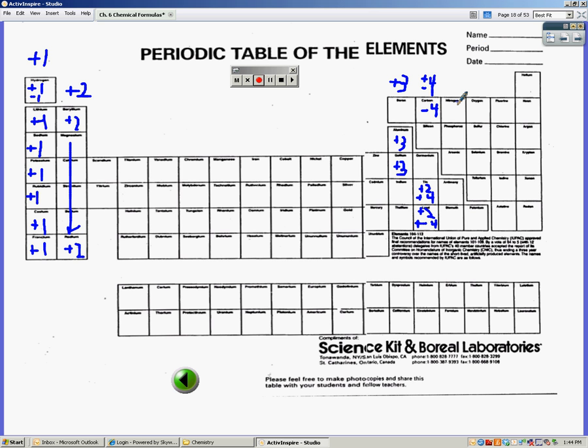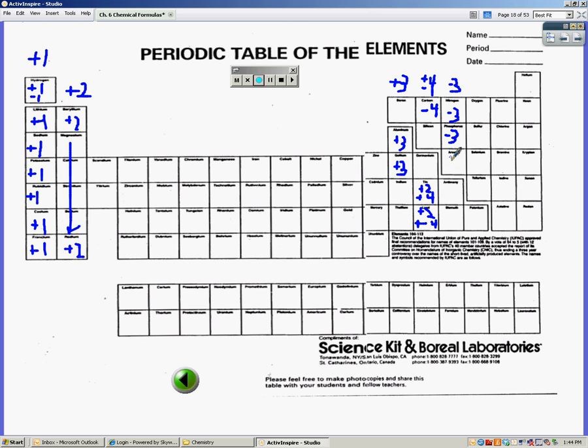Then the next group, you tend to have more non-metals than metals in this group, so they are your negative ions, and the trend is -3 for all of these that are non-metals. So that would include nitrogen, phosphorus, arsenic.